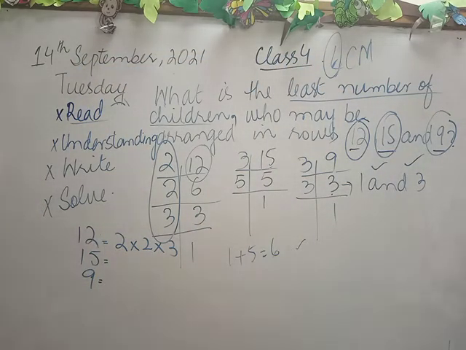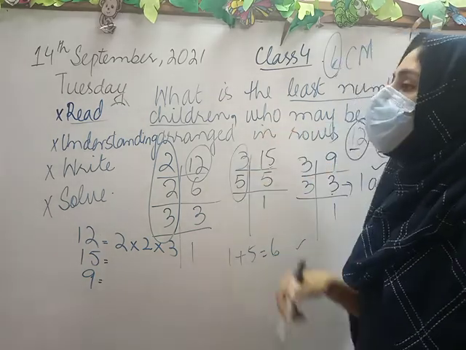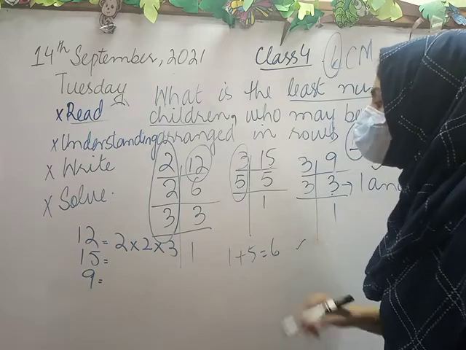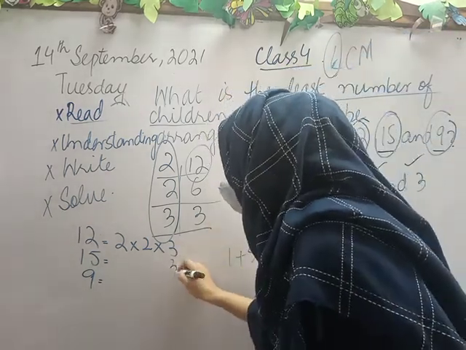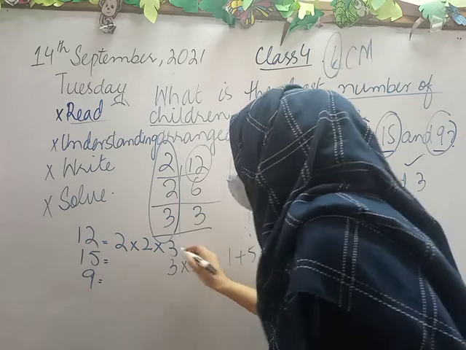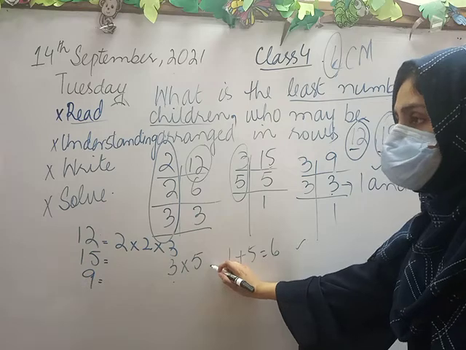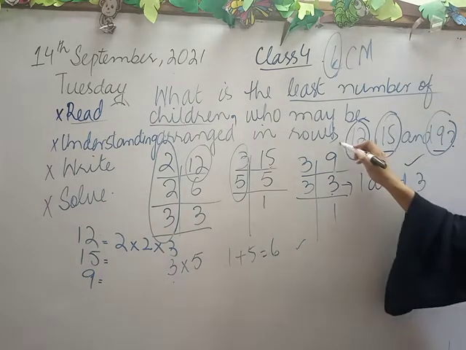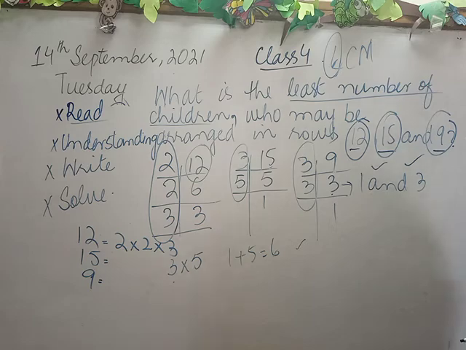Now if you look, class, we have next number which is 15, and the factors in 15 are 3 into 5. I will write 3 below 3 and multiplication 5 I will write here. Then class, we have 9, and for 9 we have 3 into 3.